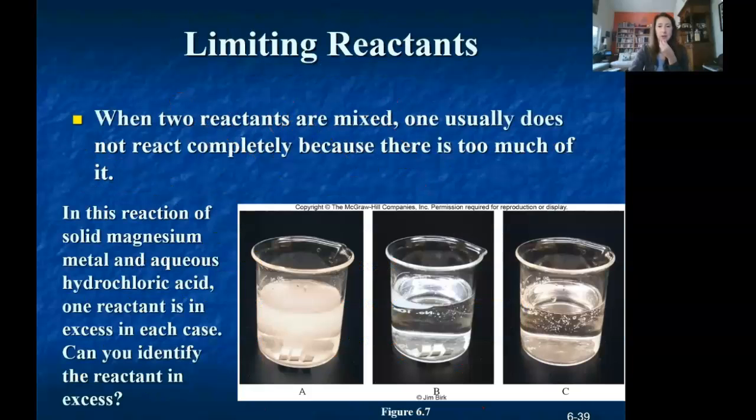Okay, so now we're gonna take this one more little step here, and this is gonna be limiting reactants. And so when we're doing limiting reactants, when we mix 2 reactants together, they're not both used equally. One of them always runs out first, right? And the other one, we just have more of it. But we can only make as much product as we have limiting reactant.